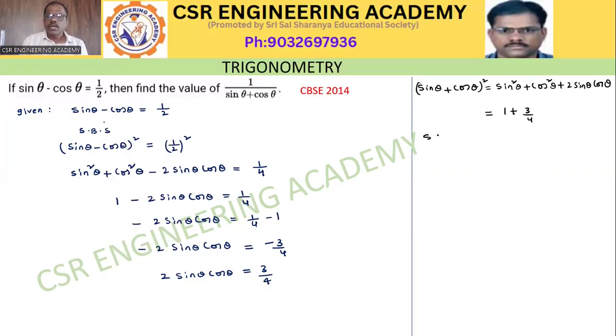(Sin theta plus cos theta) whole square is equal to 4 plus 3, 7 by 4.